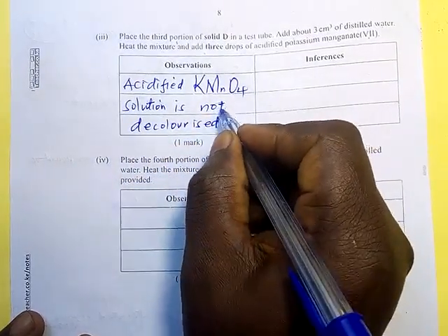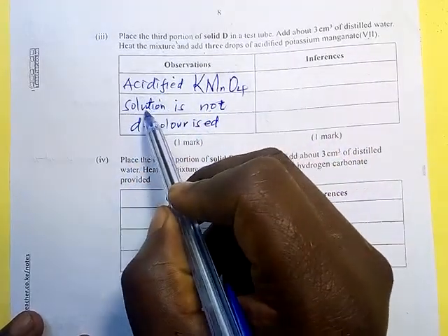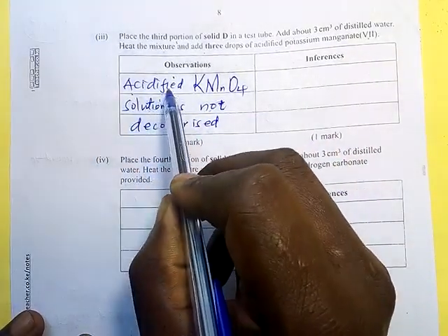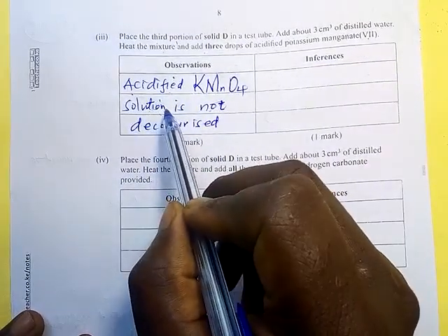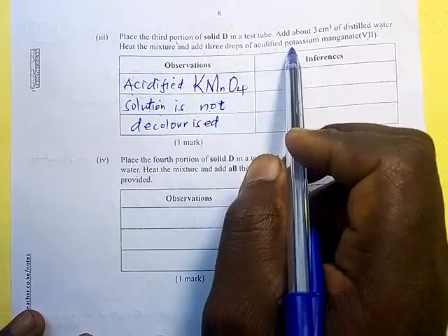We have reviewed that it did not decolorize. So another person can say the purple acidified potassium permanganate remains purple because it did not change. We know this one is purple.